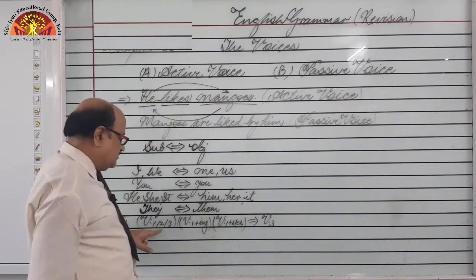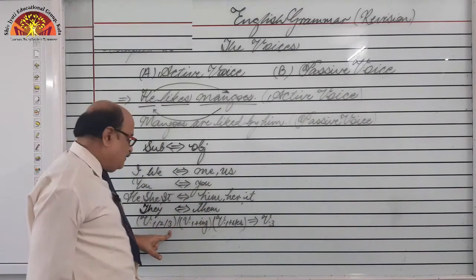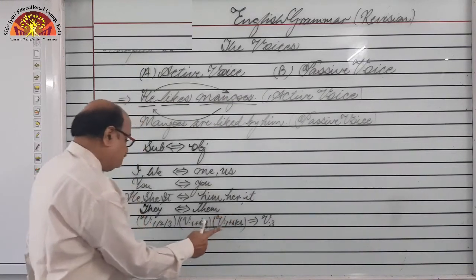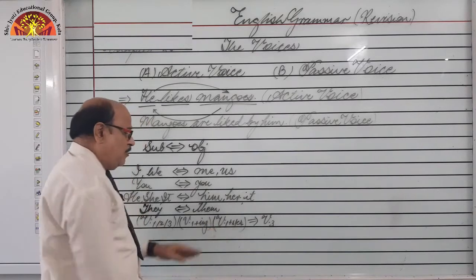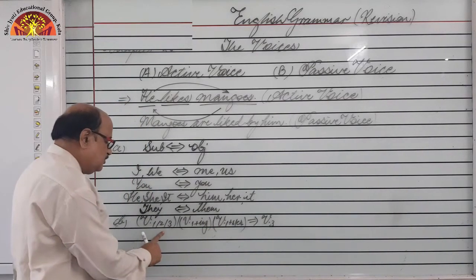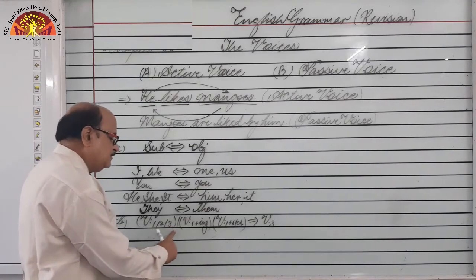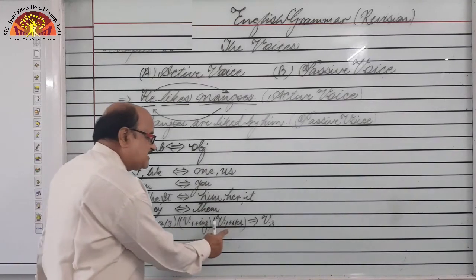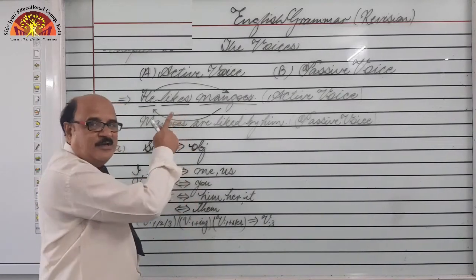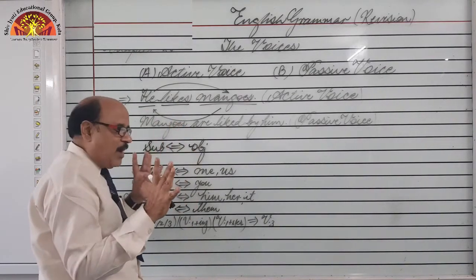Suppose the first form, second form, third form has been given. Suppose the ing form has been given. Suppose the S or ES form has been given to you. For example, take, took, taken, taking, takes. Any form may be given to you in active voice, according to tense and requirement.